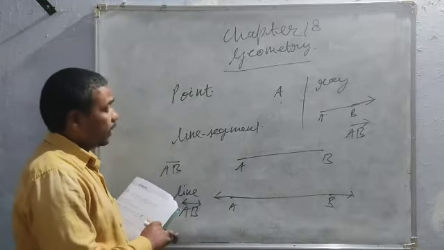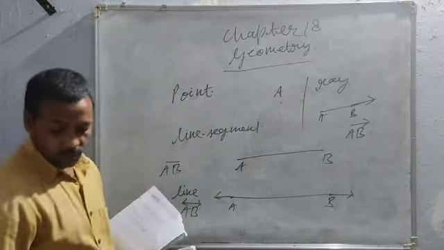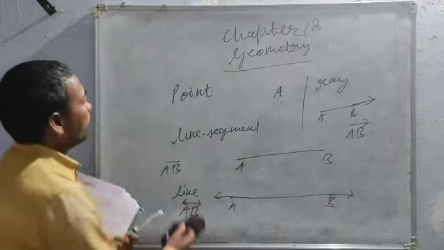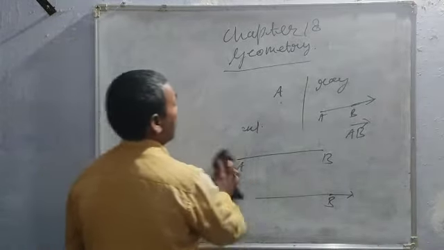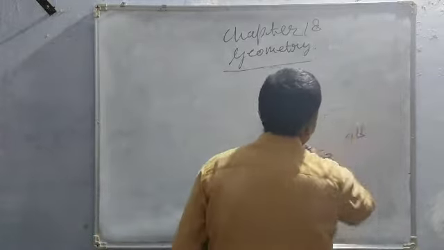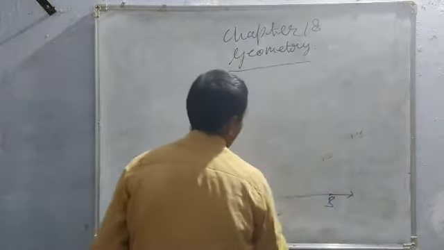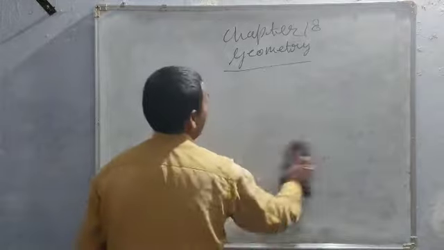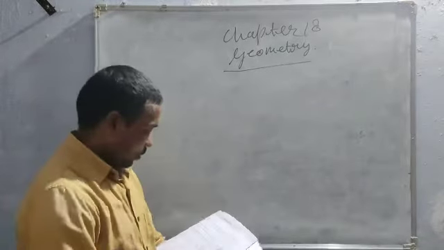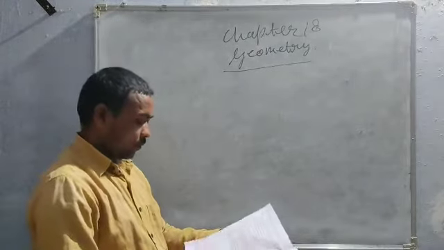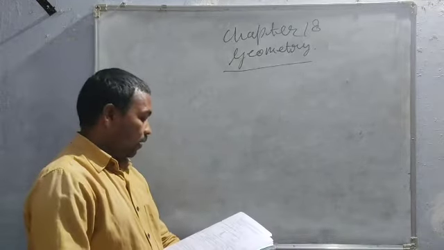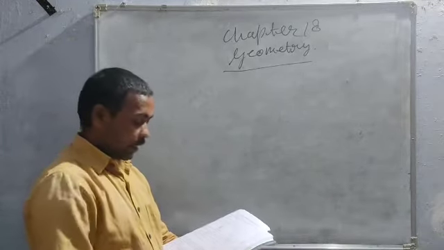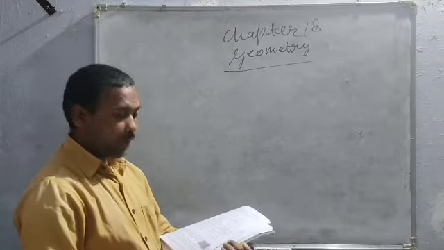And after that, a plane. So a plane, it is given in the book, is a flat surface which is extended in all directions. So you can read it from the book and note down. Here some differences are given: a line segment, a line and a ray on page number 199.